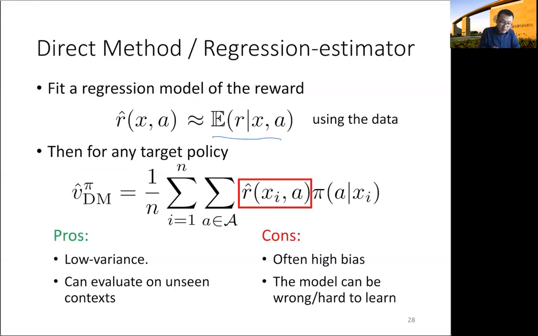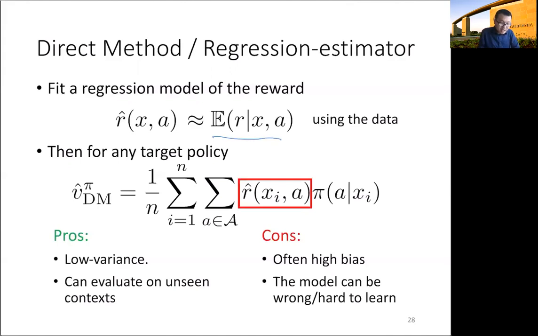Because this is a mapping from R to the D to some real value, and it could be arbitrarily complicated. Okay. On the other hand, we can always try to fit a regression model. Say we can fit a deep neural network and make use of the state and action pairs to predict the expected reward. Since we're collecting all this data with a bunch of X and A, those are the training data that I can use to construct such an estimator.